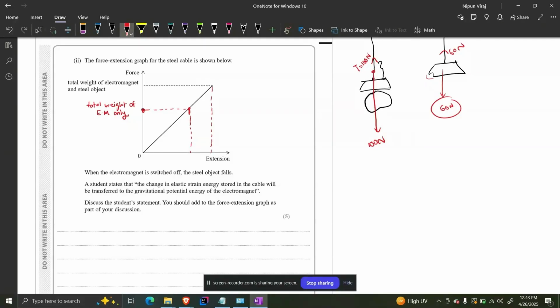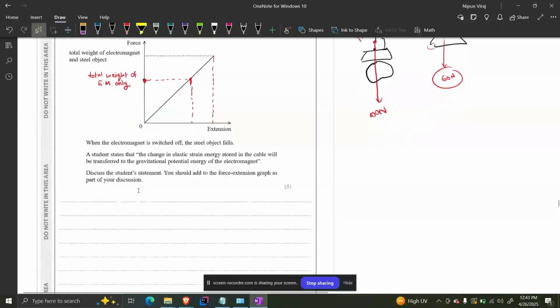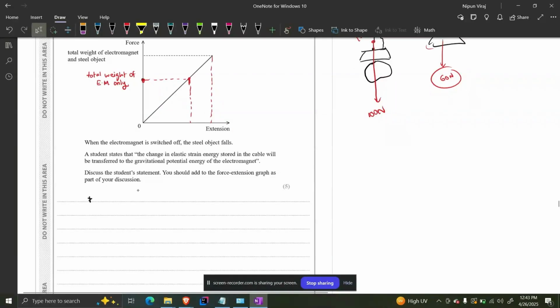Okay. So if you take the change in elastic strain energy, another important point is the area under the graph. If you take this graph, the area under this graph shows the elastic strain energy. That is a theory point, right?